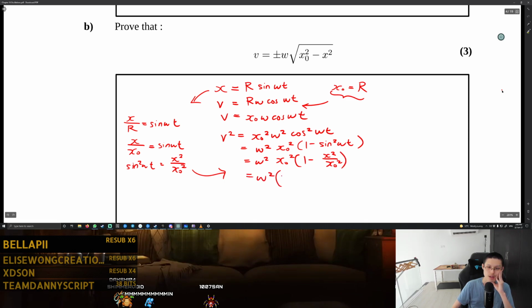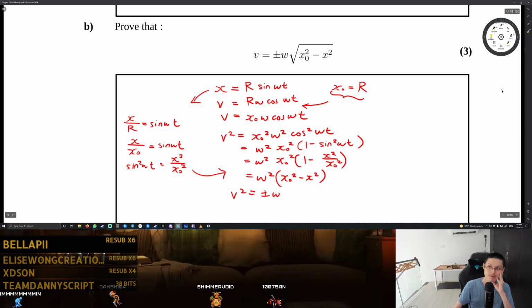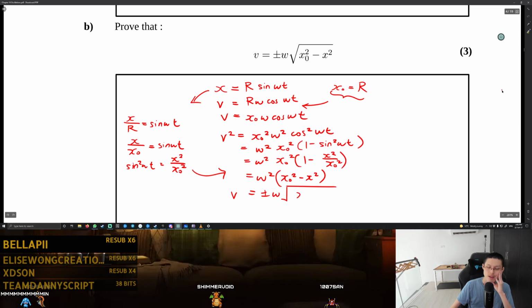Multiplying this guy in, we get x naught squared minus x squared. Square rooting both sides, we get plus minus omega square root of x naught squared minus x squared. And there we go. Ta-da!